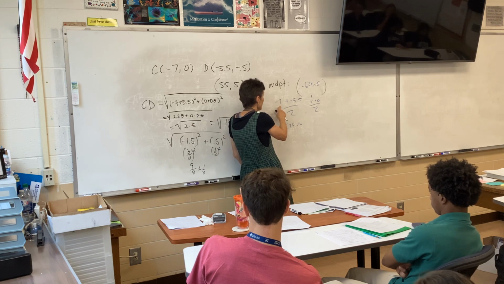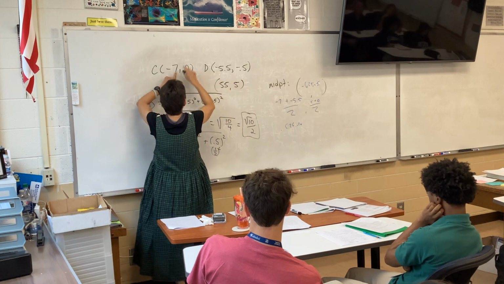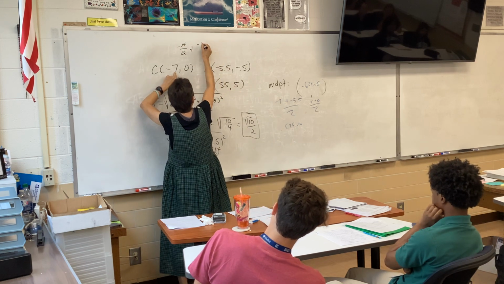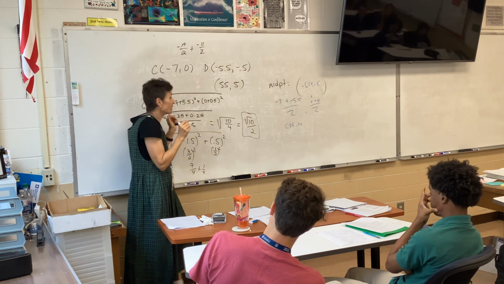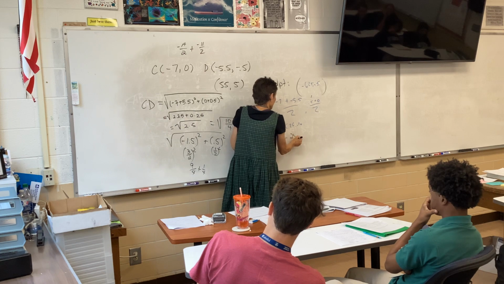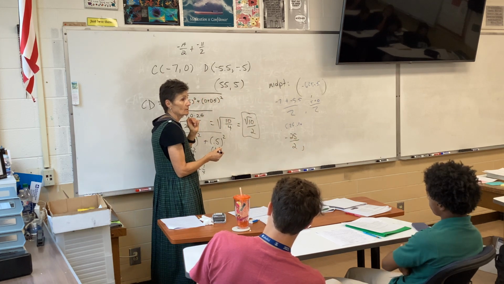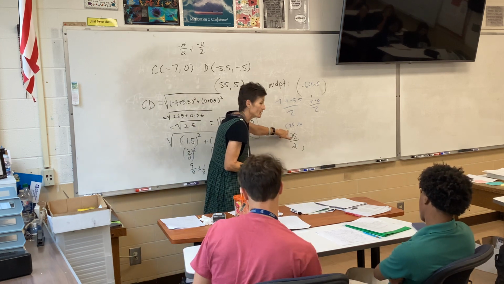All right, so I'm going to have to add these two numbers together. So this is -14/2, and this is -11/2. Would you agree with me? So when I add them, I get -25/2, which is -6.25.